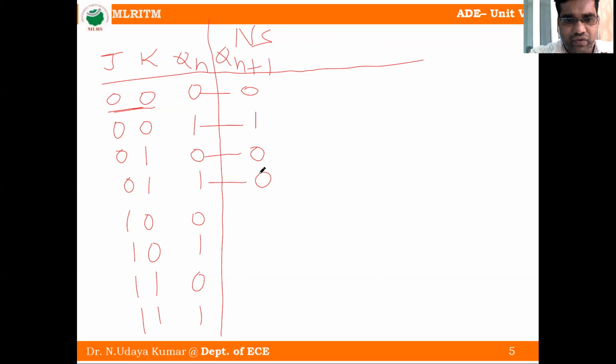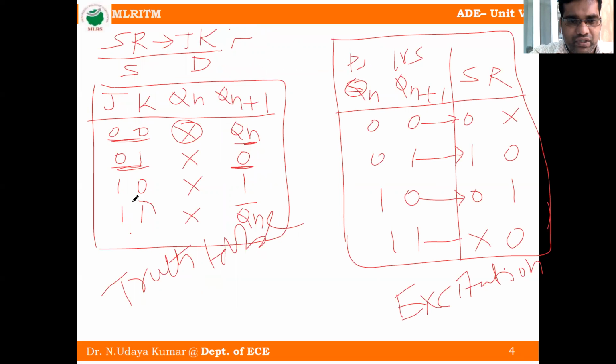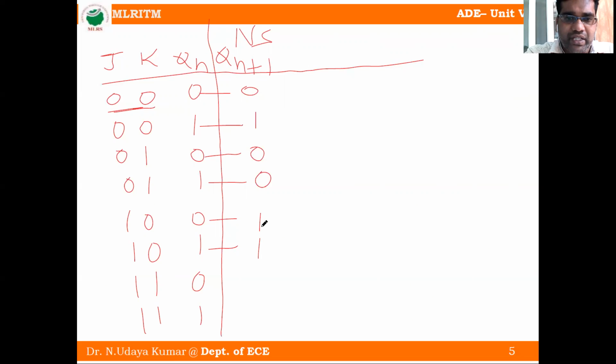Then similarly for 1, 0 case, we will get here 1 and here 1. Then 1, 1: what is the next state? Qn bar. Qn bar means complement of the present state. So here 1, 1 means 0 is complemented as 1 and 1 is complemented as 0.